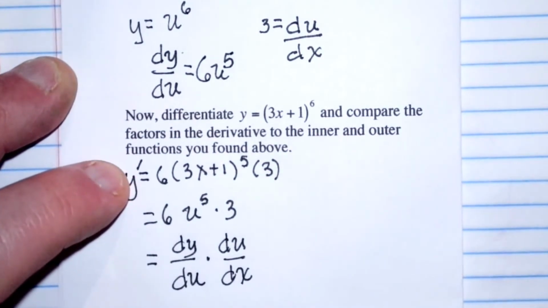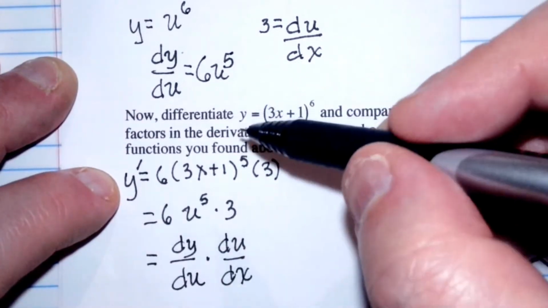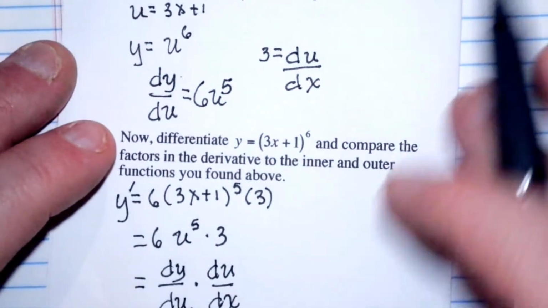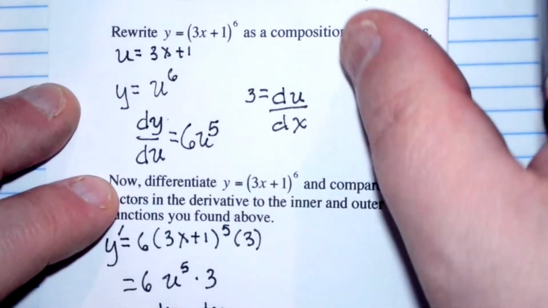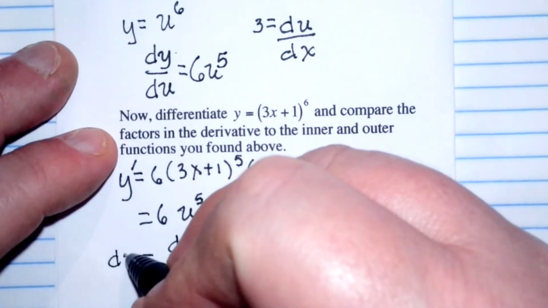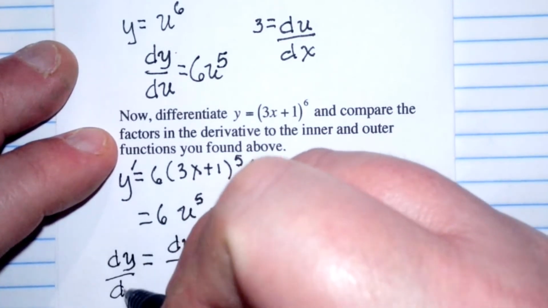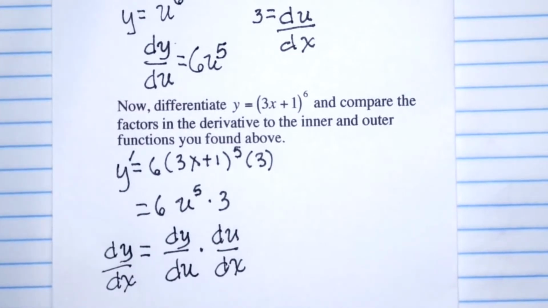And this y prime here, that was the derivative of y with respect to x, since in this case we were working with y as a function of x. And so what we've got here is a statement of the general power rule.